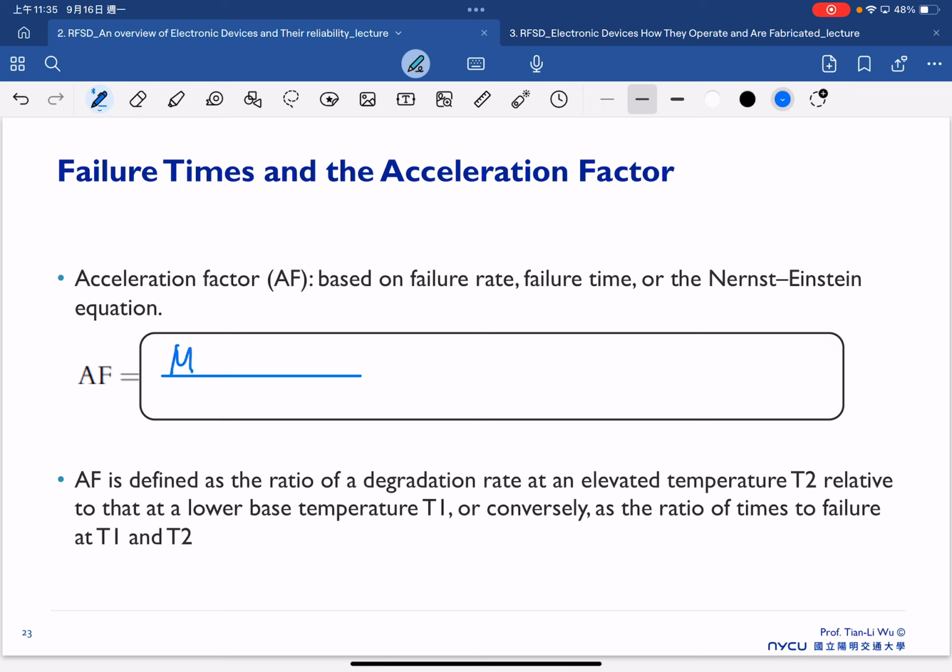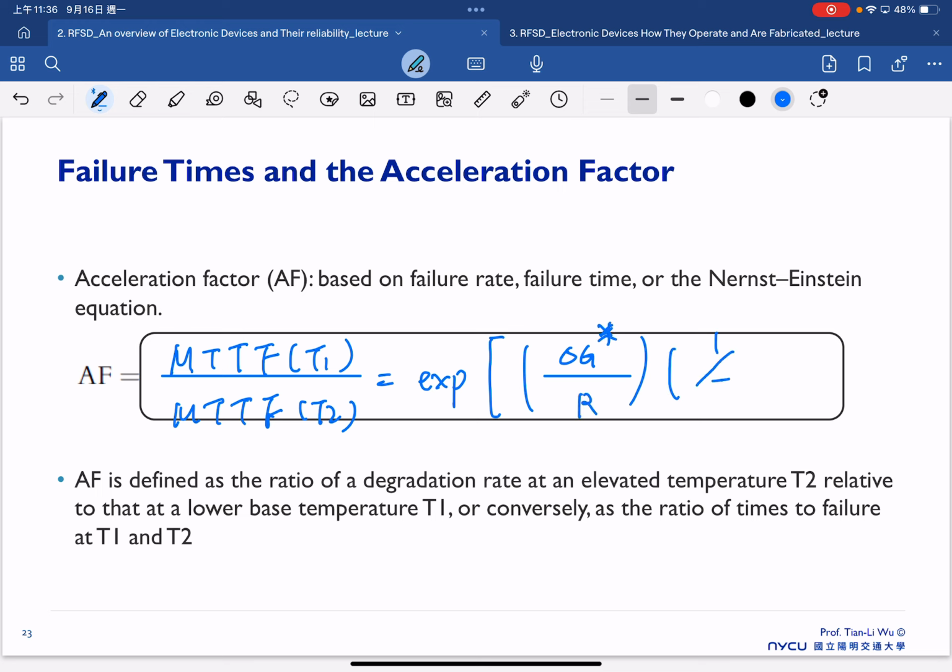So the acceleration factor is defined as MTTF at T1 over MTTF at T2, which equals exponential of delta G star over R, times 1 over T1 minus 1 over T2.